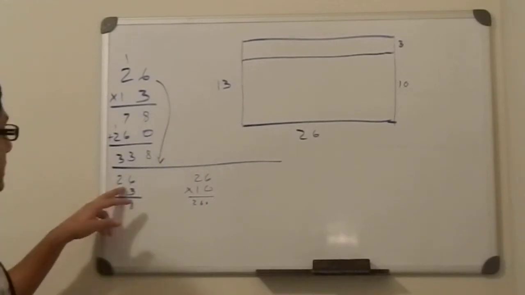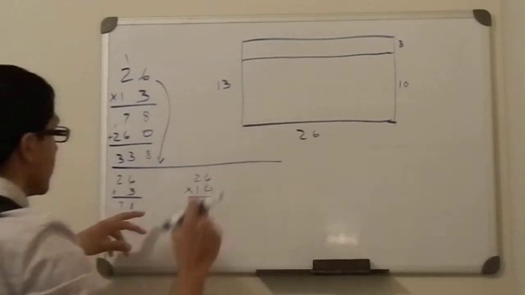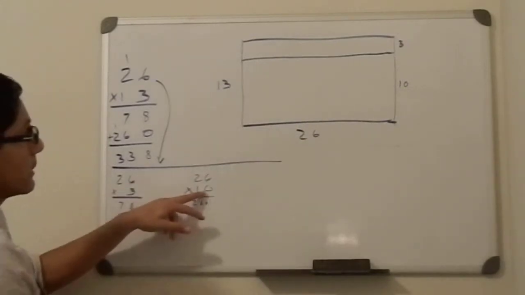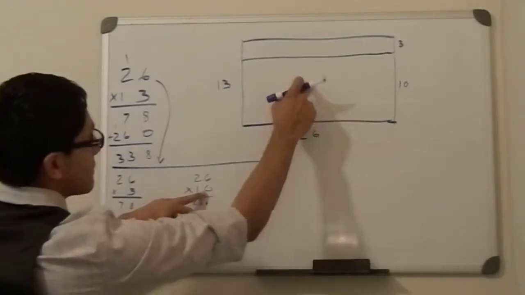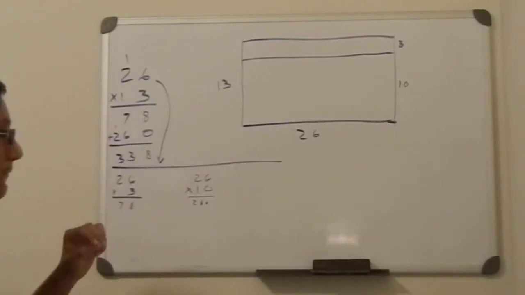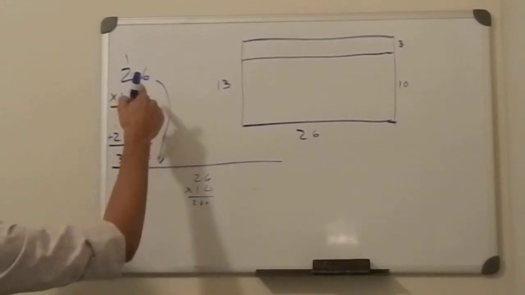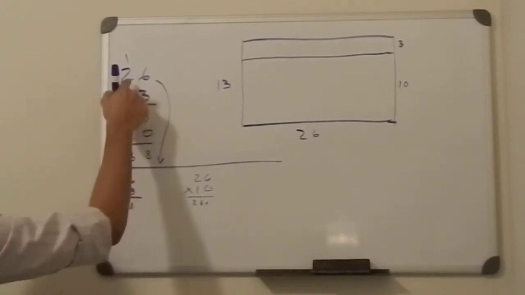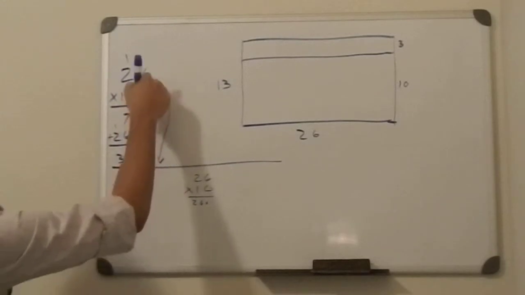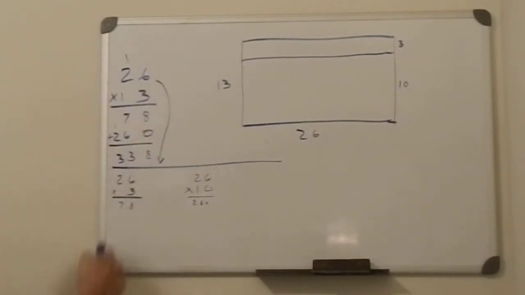So what we're doing here is 26 times 3 will give us this area, and 26 times 10 will give us this area. But when we use this algorithm, we take it a step further. We break this down because we don't multiply straight up 3 times 26. We multiply 3 times 6 and then 3 times 20, right? And then add it up and get 78.